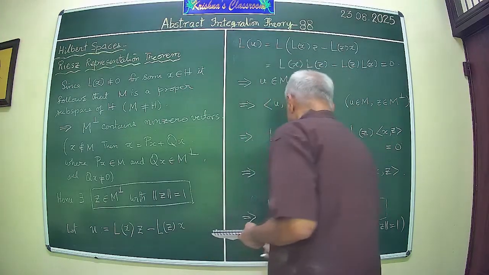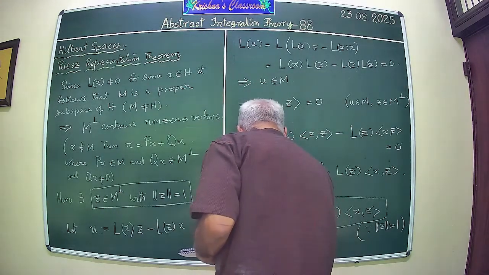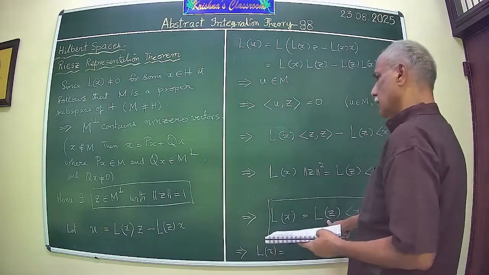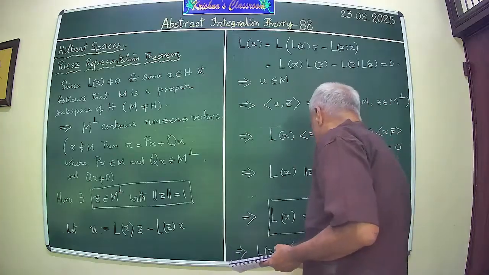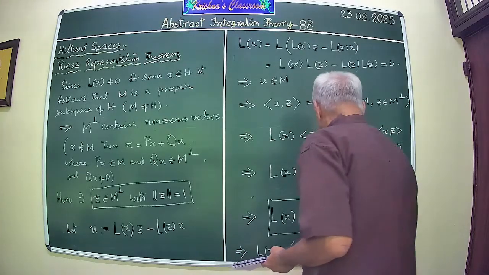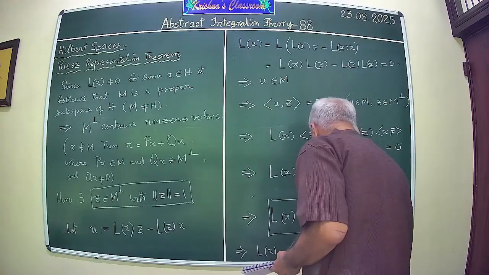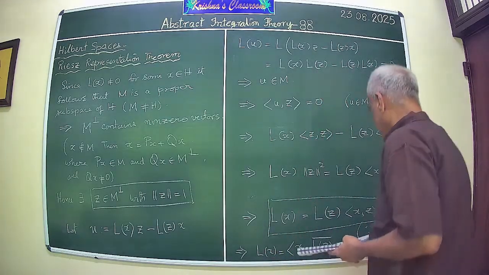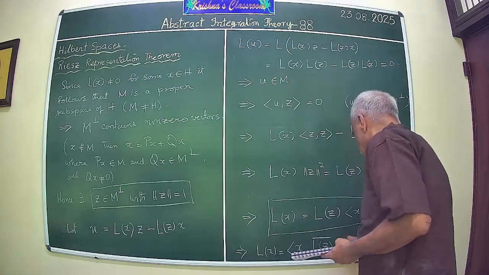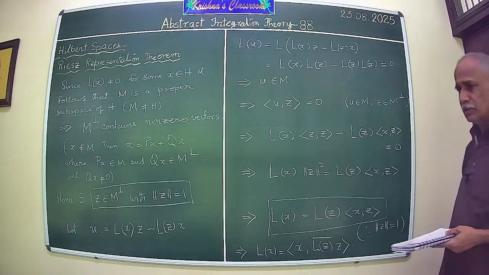Which further implies Lx is equal to this scalar. This is a scalar, which I can take inside. This is equal to the inner product of x with something. See, Lz is in general complex, so this will be the complex conjugate of that times z, so that when you pull it out, it becomes the inner product.